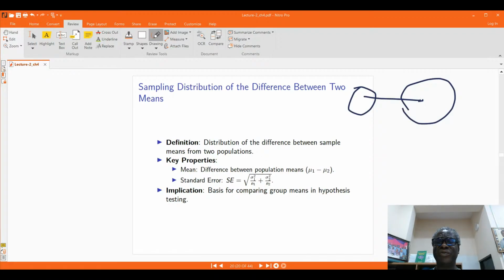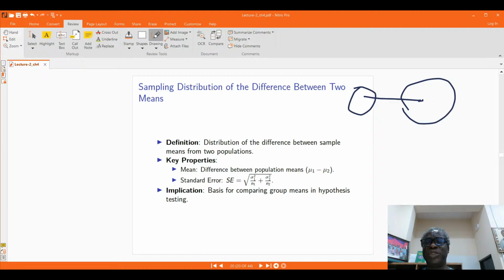So this is just a summary of the results. For the mean, that is the location of the difference, you can easily get it by finding the difference between the two population means.